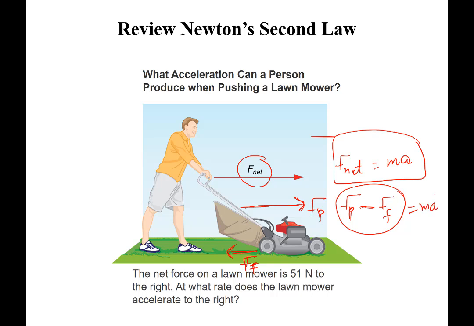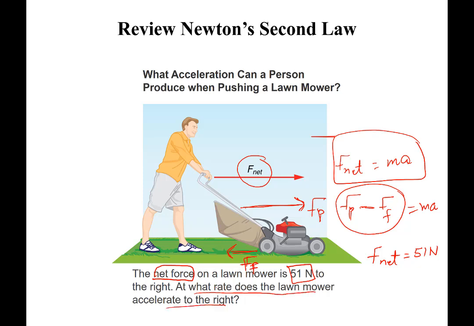For example, in this case, the net force is given already. So he's not giving you the force of push or force of friction because we have not talked about it yet. So he gives us net force already, which means it's the sum of all the forces, and it's equivalent to 51 newtons. And at what rate does the lawnmower accelerate to the right?